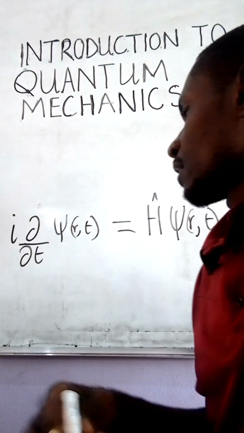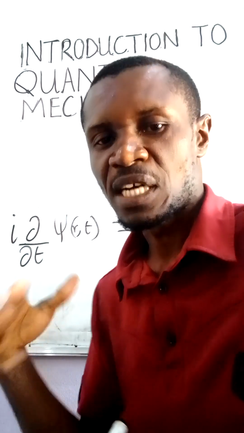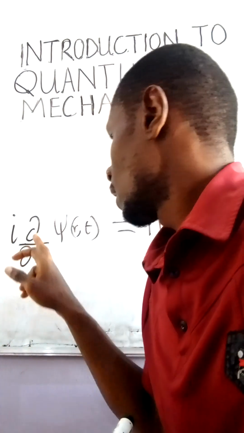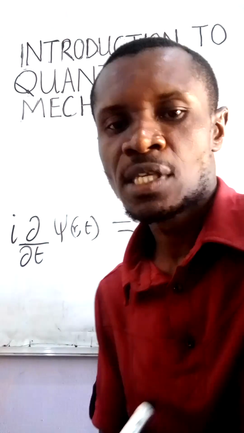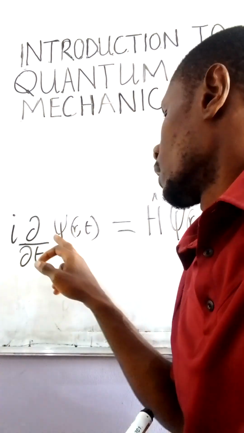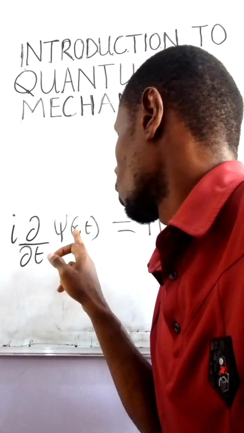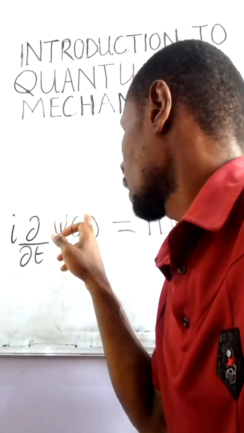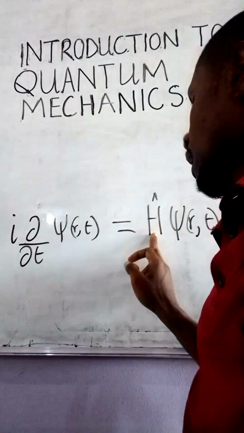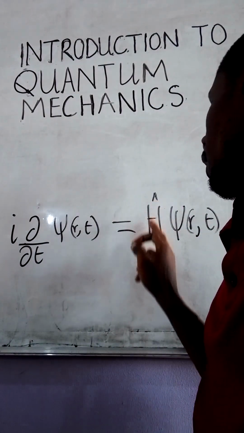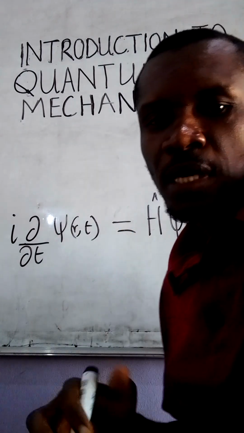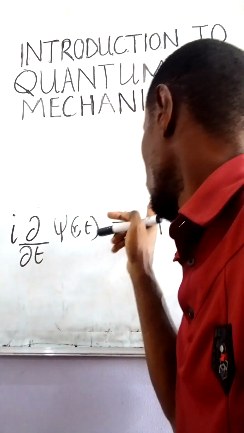Now, on the left hand side, i represents the imaginary unit of complex numbers. This is the first derivative with respect to time. Now, this quantity here is called the wave function, which depends on the position coordinate and the time coordinate. Then on the right hand side, this H represents what we call the Hamiltonian operator.